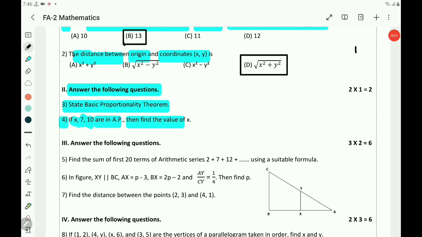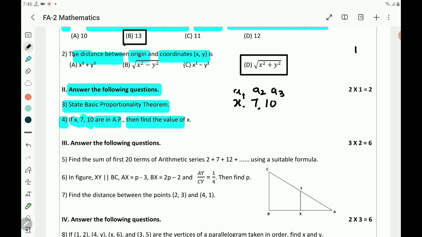In the second method, here x is taken as a1, 7 is taken as a2 and 10 is taken as a3. x is a1, 7 is a2 and 10 is a3.